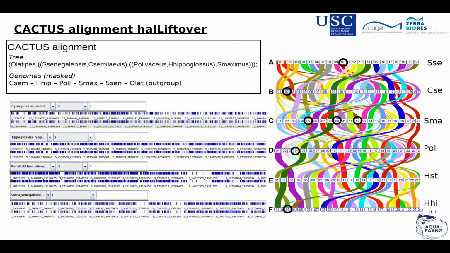And this is a simple example of the genome browser. What we got out were the positions of the enhancers located in the rest of the genomes, I mean, in Cynoglossus, Paralichthys, Hippoglossus, and Solea.